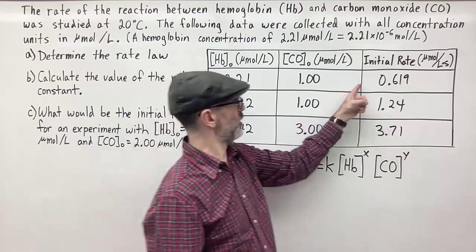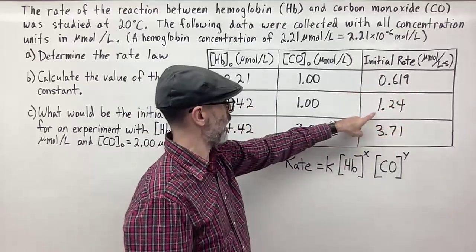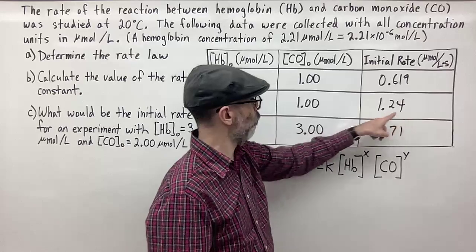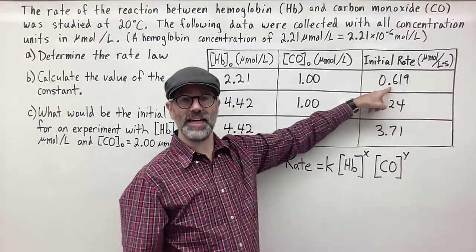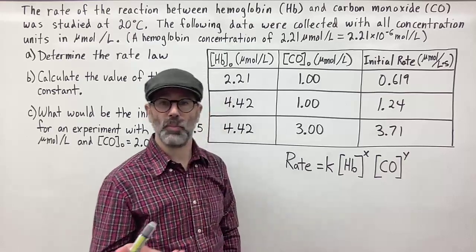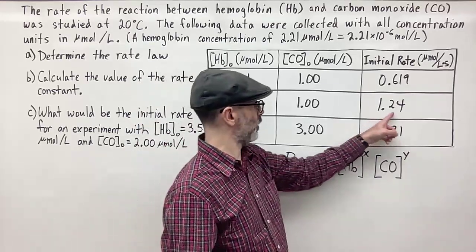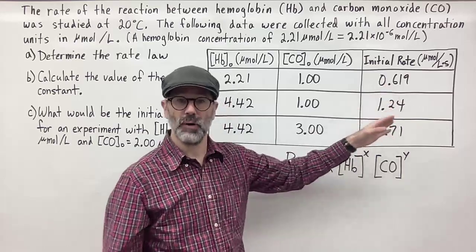You'll see here that I have 0.619, and then here I have 1.24. If I multiply 0.6 by 2, that becomes 1.2, and I have 1.24, so this is about double.